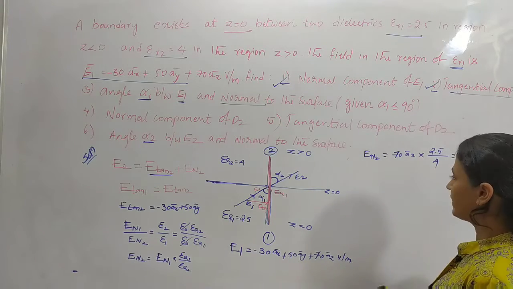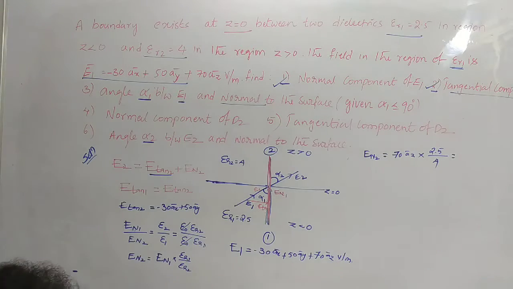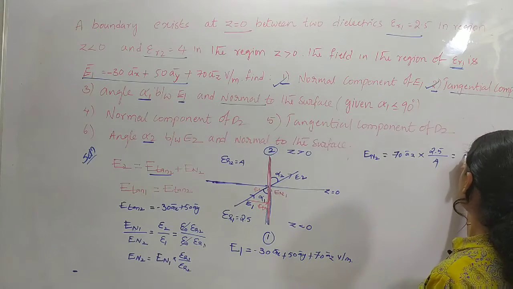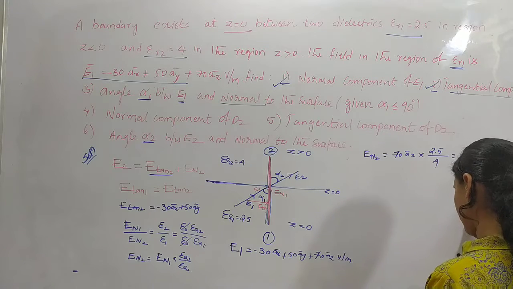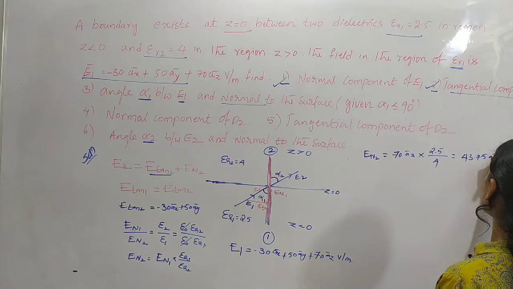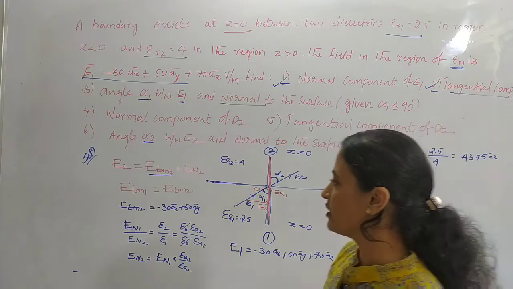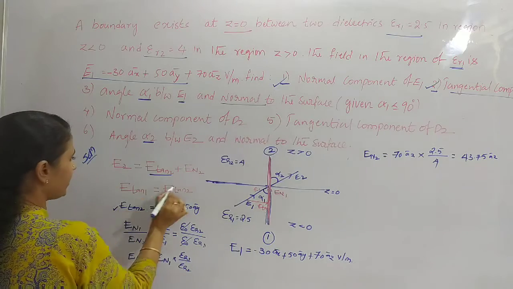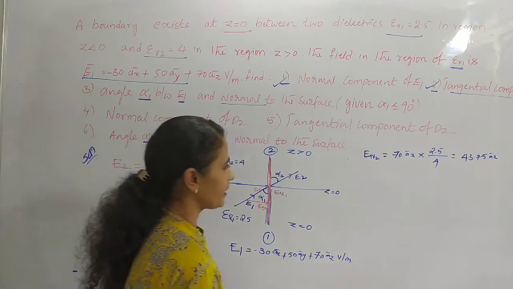Just simplify this and you will get En2 as 43.75 az. So we have got the tangential component and the normal component.